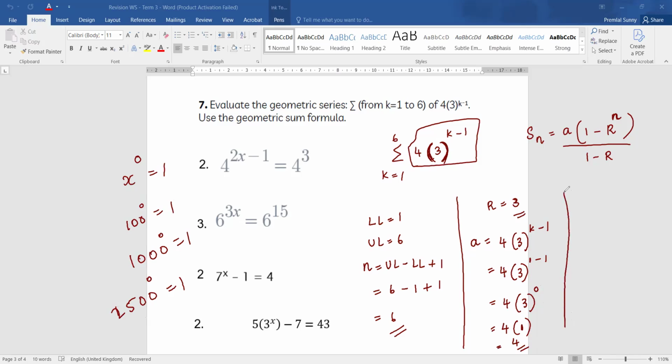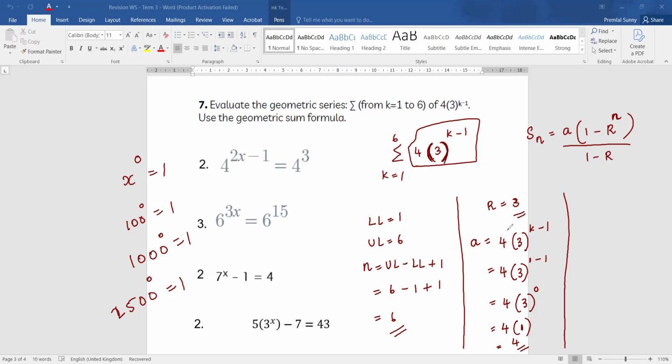Now we have everything. We have n, we have r, we have a. N is pretty much the same thing as we did in the previous question: upper limit minus lower limit plus 1. R will be the number in the bracket that is getting connected to k minus 1, the number which has the power k minus 1.